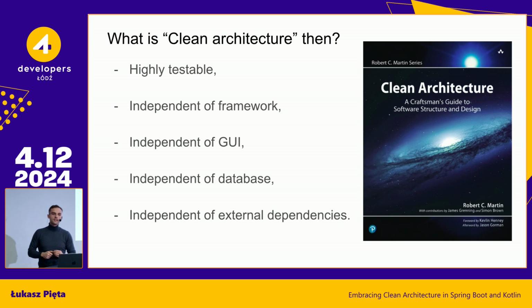That means that clean architecture is such an architecture that is highly testable. It's independent of framework, of graphical user interface, of database, and any external dependency. This is clean architecture. It doesn't need to be particularly onion or hexagonal. There are different patterns there.